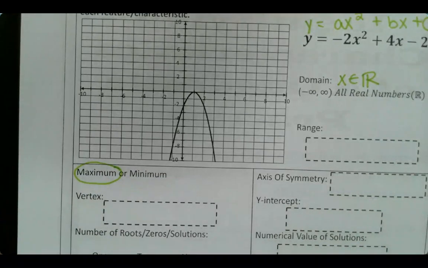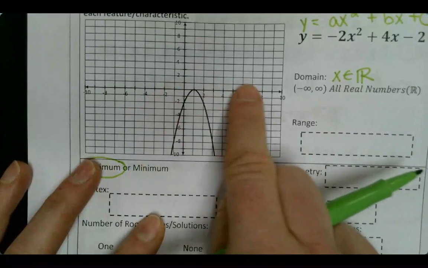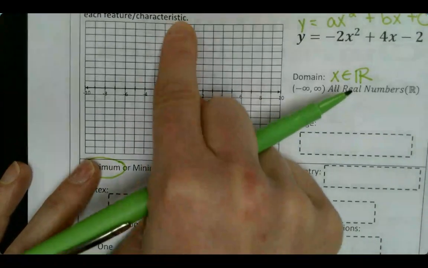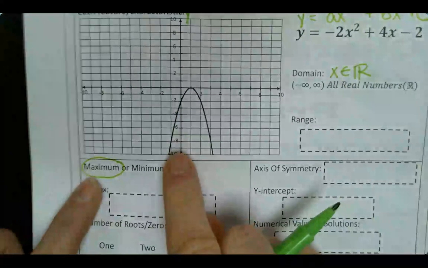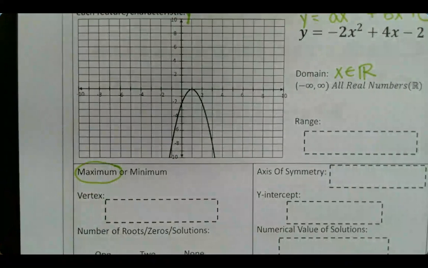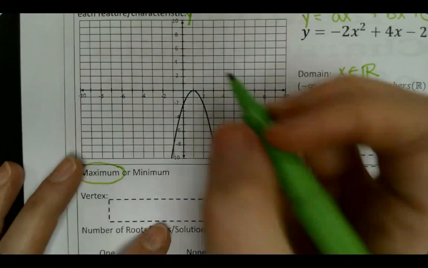So think about sea level. You have on the sea level, which would be 0. And then you have below sea level. And then you have above sea level. So it's dealing with the y-axis. So to determine what the maximum or minimum is, you see what's the highest point, whether it's a mountain, or the lowest point, like in the ocean or the valley.